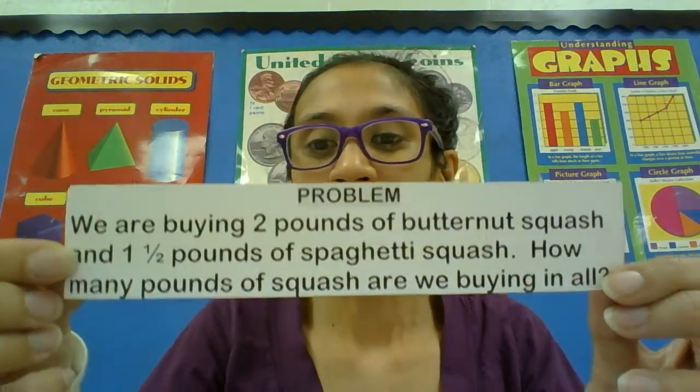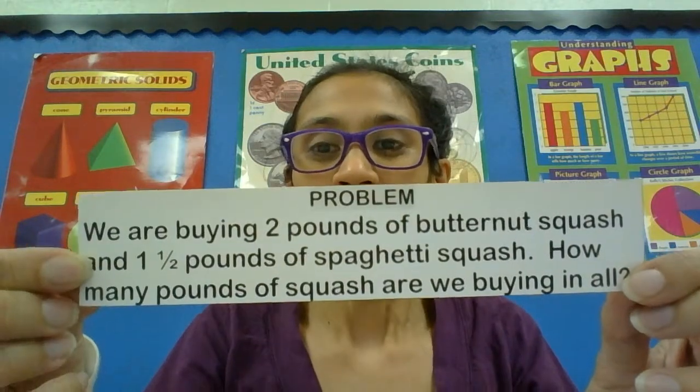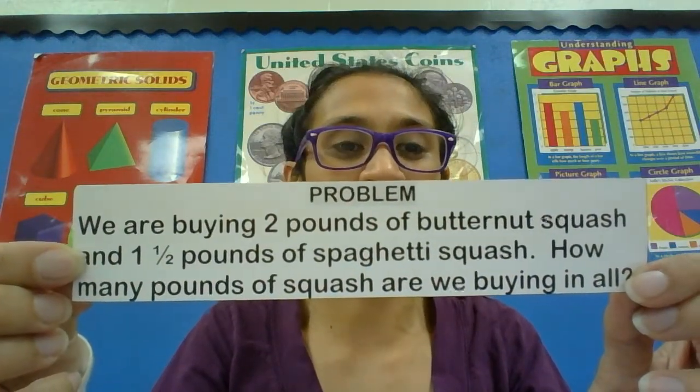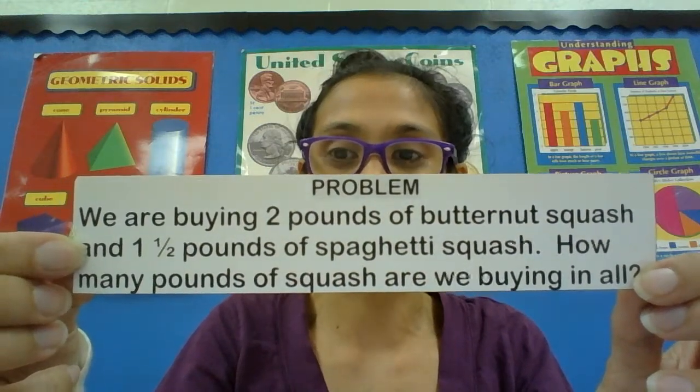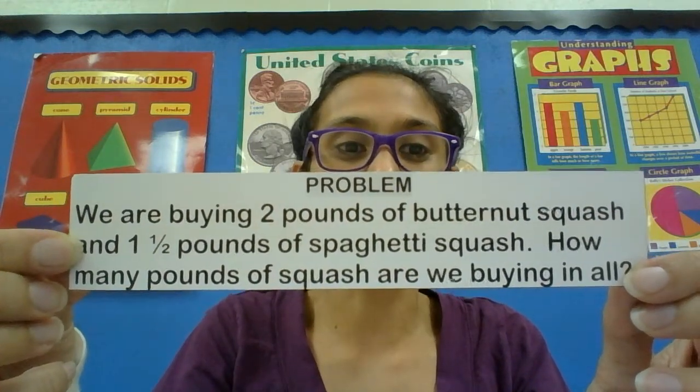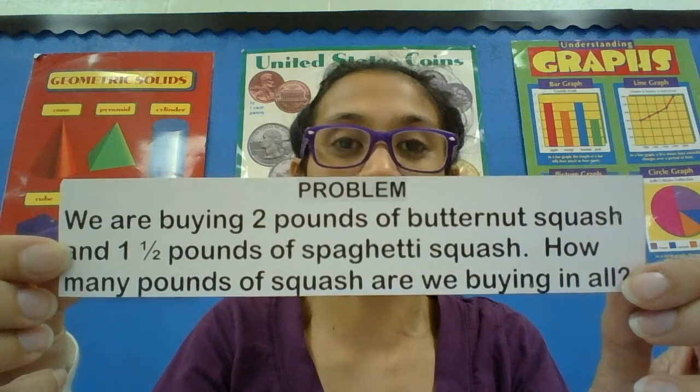Now what's different with these problems is we are not working with decimals. We are working with whole numbers and fractions and mixed numbers, okay? So let me read that to you again and pause the tape if you need to. We are buying 2 pounds of butternut squash and 1.5 pounds of spaghetti squash. How many pounds of squash are we buying in all?